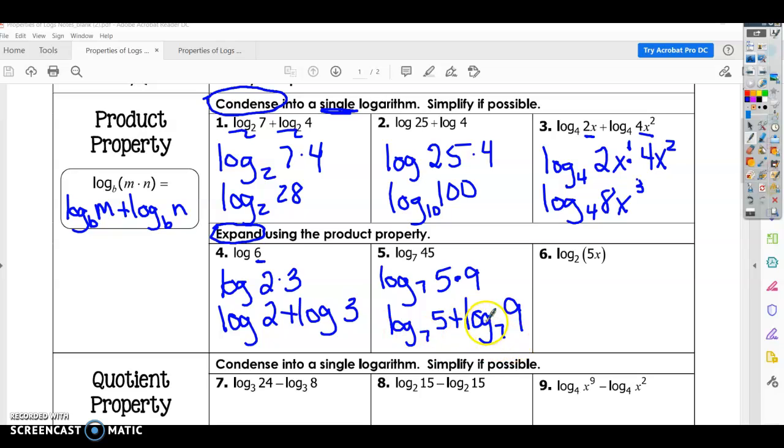We now have log base 7 twice because we are expanding. All right, so here we've got log base 2 of 5 times x, or log base 2 of 5 plus log base 2 of x.